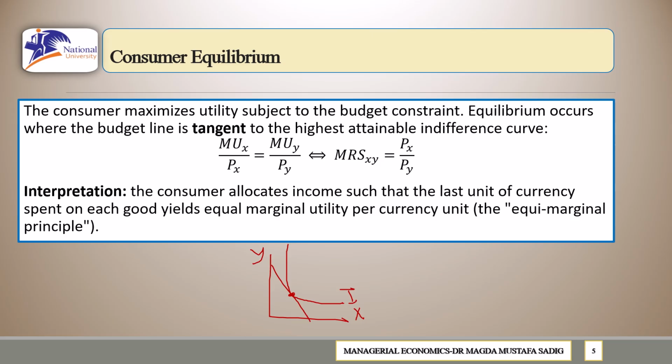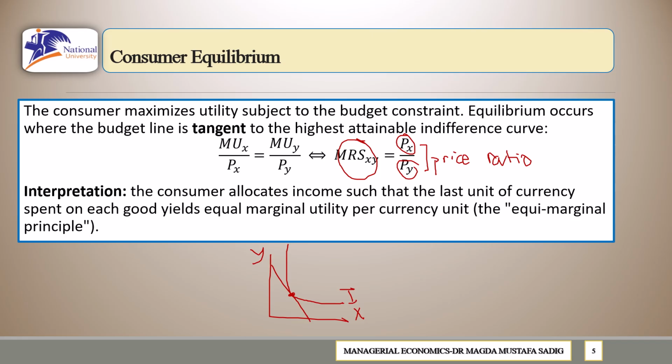This point satisfies two conditions. The consumer spends all his income, and the marginal rate of substitution equals the price ratio. Marginal rate of substitution equals price X divided by price Y. This is called the price ratio. Okay?